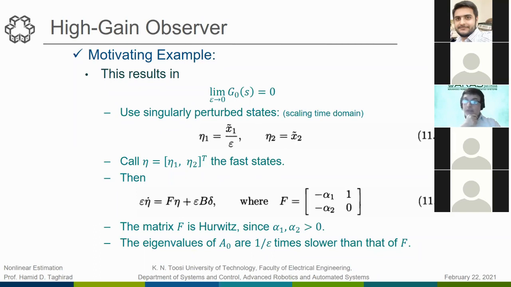We didn't have any condition on that. The system could of course be unstable, but you should stabilize it if you want to use it in practice. In terms of observer design, the only condition we have is that A and C should be detectable or observable. We should have the full information relation between the output and the state.